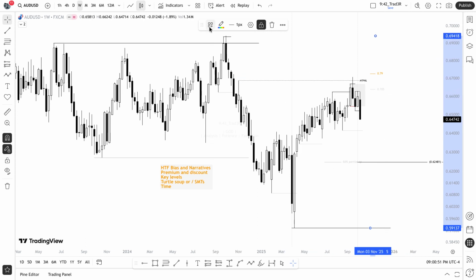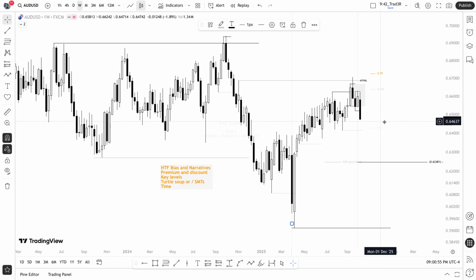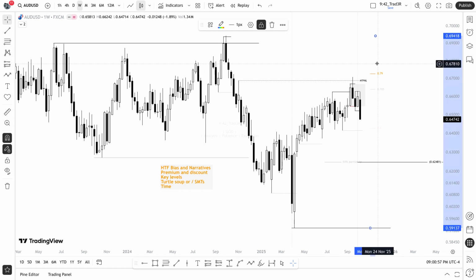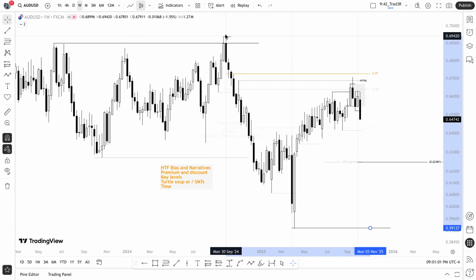This is the tool, like my Fibonacci tool, that I use to identify premium and discount. If we put it from the highest point here and bring it to the lowest point here, you can see that price is above the midpoint of it, which is around here.